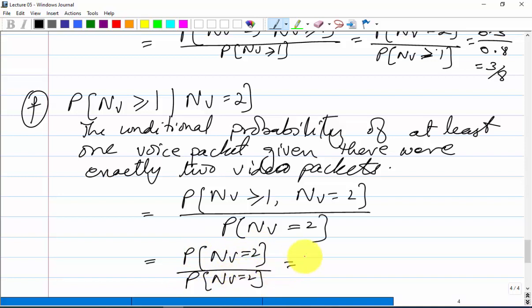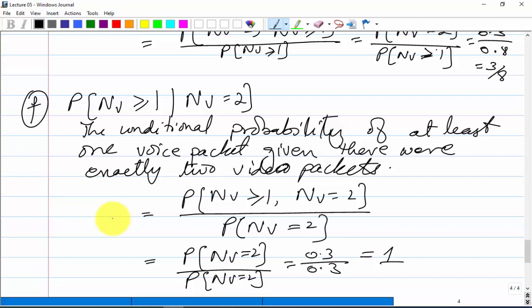Obviously they are the same, 0.3 and 0.3, so it is 1. This is a sure event: if there are exactly 2, then more than one video packet will have arrived.